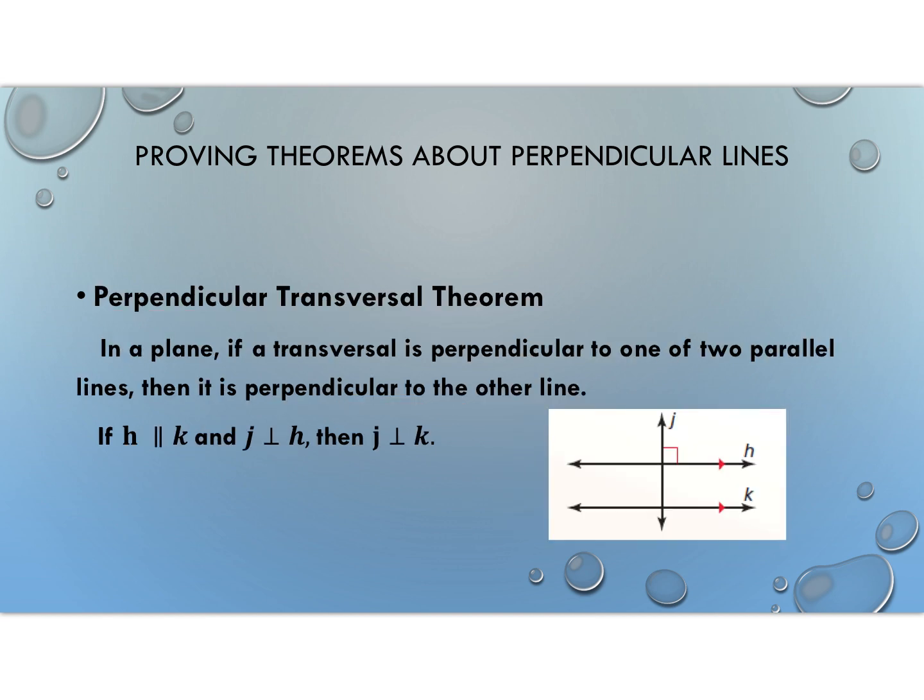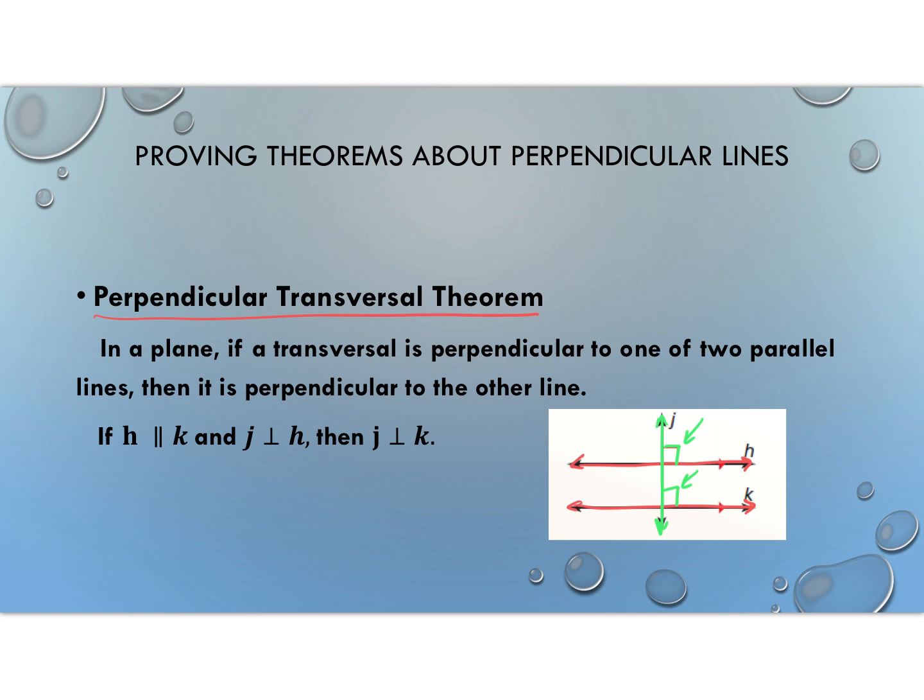The perpendicular transversal theorem, here's another one. It says that in a plane, if a transversal is perpendicular to one of two parallel lines, then it is perpendicular to the other line. So again, we start here with our two parallel lines. Basically what this theorem says is that if line J is perpendicular to one of the lines, then it's perpendicular to the other.